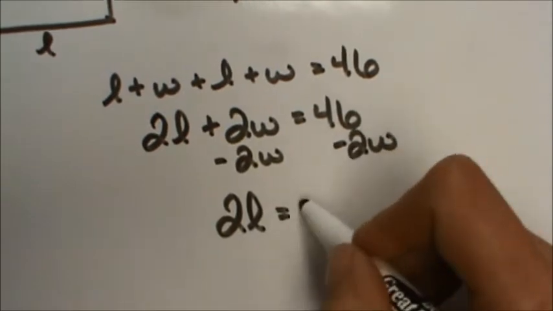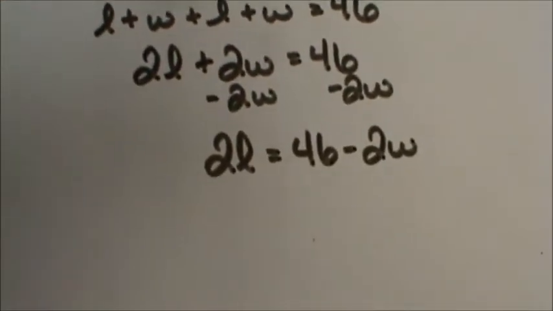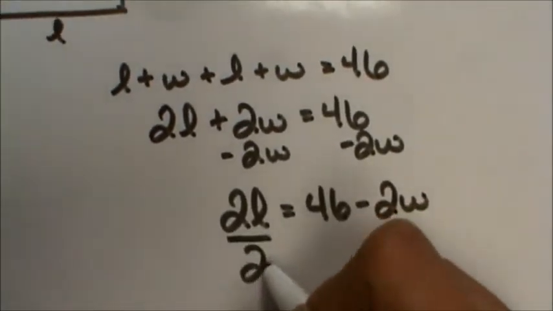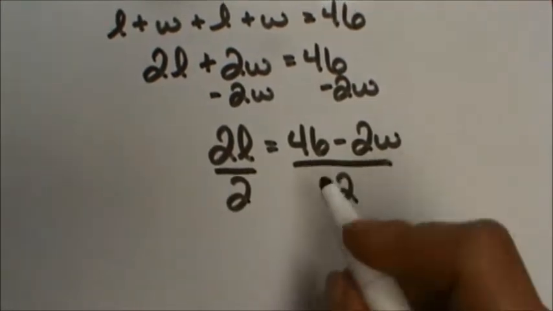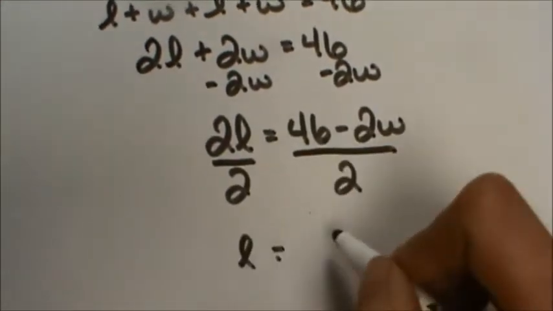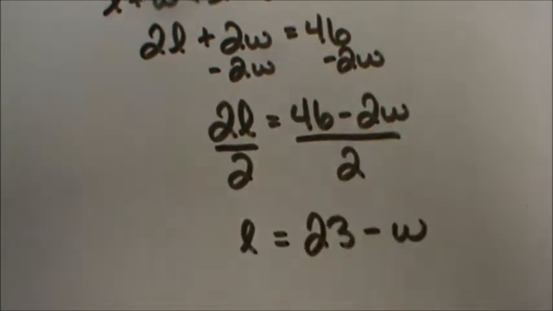So 2L equals 46 minus 2W. Finish solving for L by dividing by 2. That means L is equal to 23 minus W.